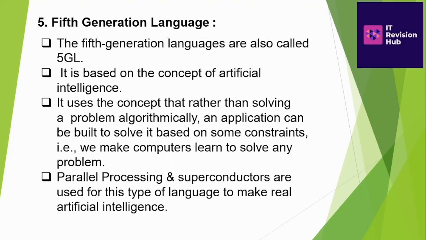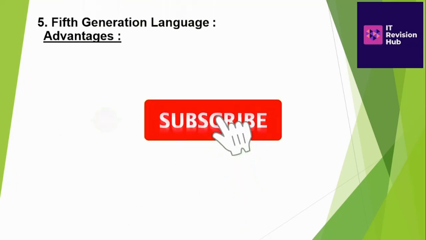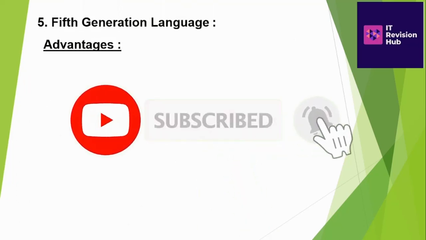We make computers learn to solve any problem. Parallel processing and superconductors are used for this type of language to make real artificial intelligence. Examples: Prolog and Lisp we can consider as fifth generation languages.